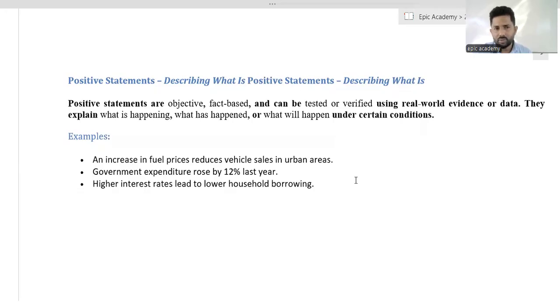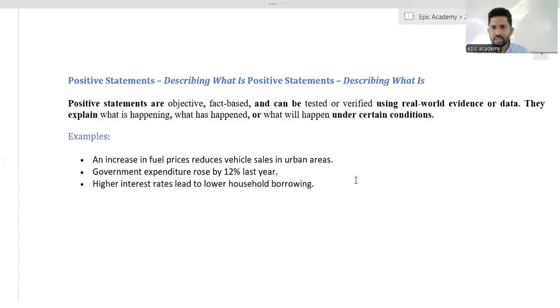There must be an objective which they are going to achieve. They are fact based. There must be some facts behind that statement. Without facts, without evidence, we are not going to create positive statements, because a positive statement is the actual situation.